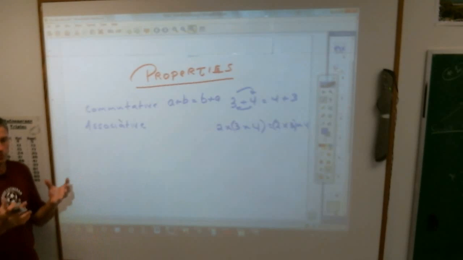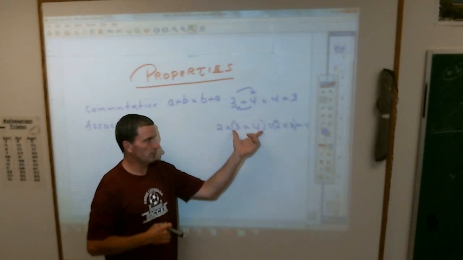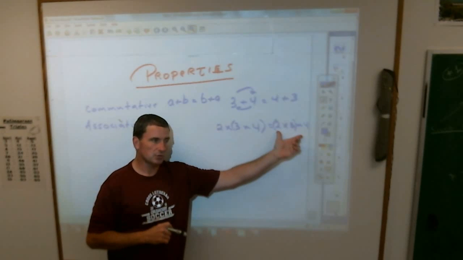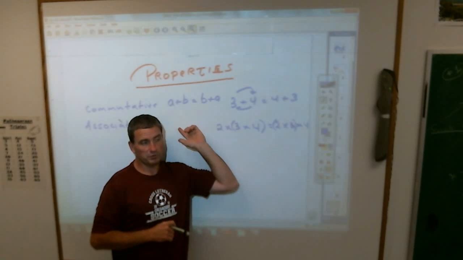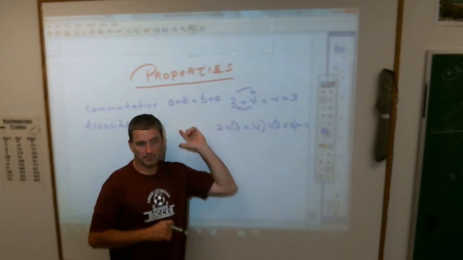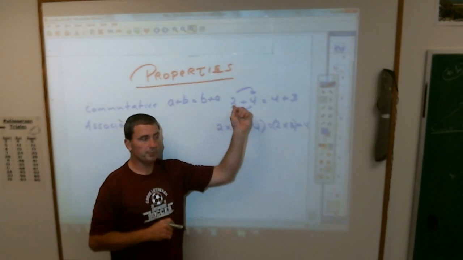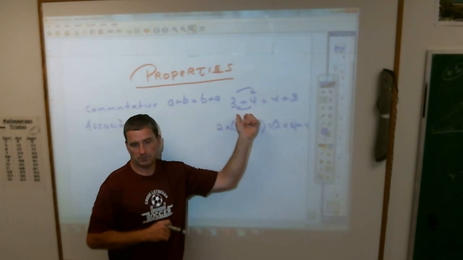It's like, what do you group together? If the groups change, I group this together the first time, and I group this together the second time, then it's the associative property. If the numbers have actually moved, then it's the commutative property. Okay? And again, that is true. These are true both for multiplication and addition, but they're not true for subtraction nor division.